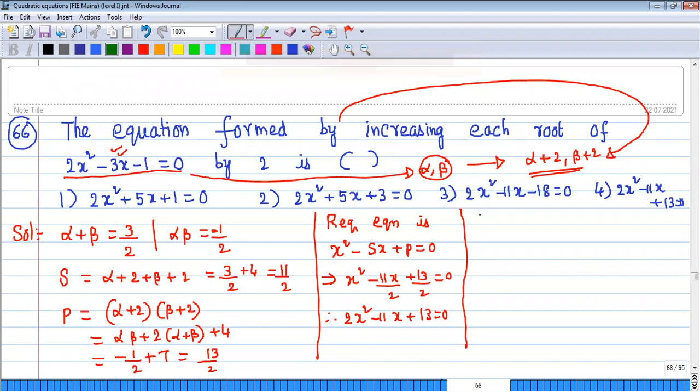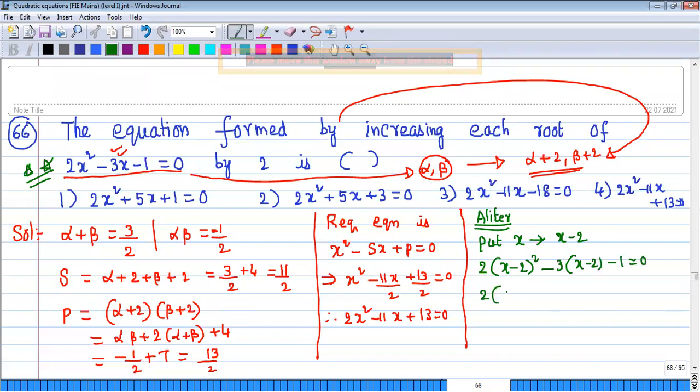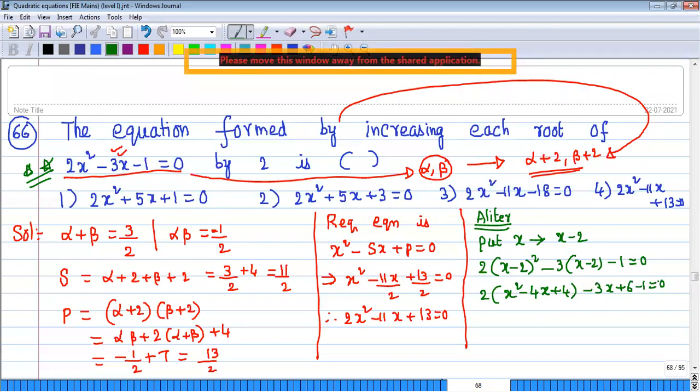So the other method is the next alternative method, and that is called the shifting of origin also, in some textbooks. Now put x for x minus 2 in this equation. 2 times x minus 2 whole square minus 3 times x minus 2 minus 1 equals to 0. 2 times x square minus 4x plus 4 minus 3x plus 6 minus 1 equals to 0.